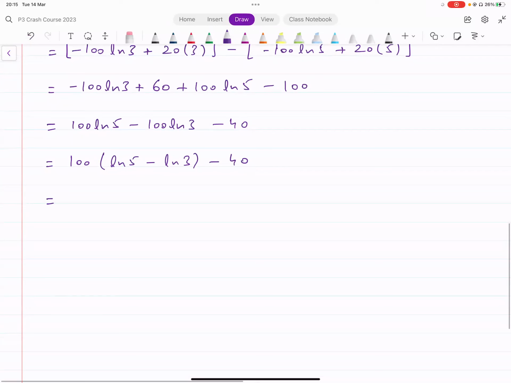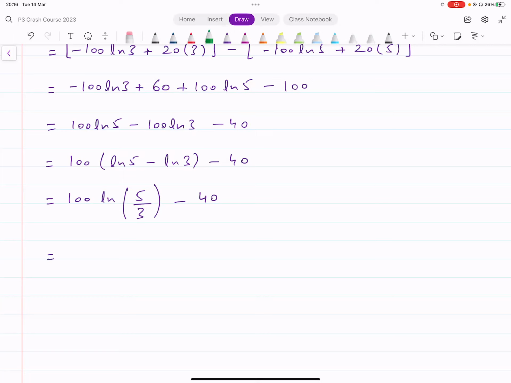Okay. And now on this thing, we could apply the division law. We have subtraction outside the log. Inside the log, it's going to become division. So it's ln of 5 over 3 minus 40. That's going to be the exact value that you get from this. 100 ln of 5 over 3 minus 40. In this case, you could just evaluate this in decimals as well.